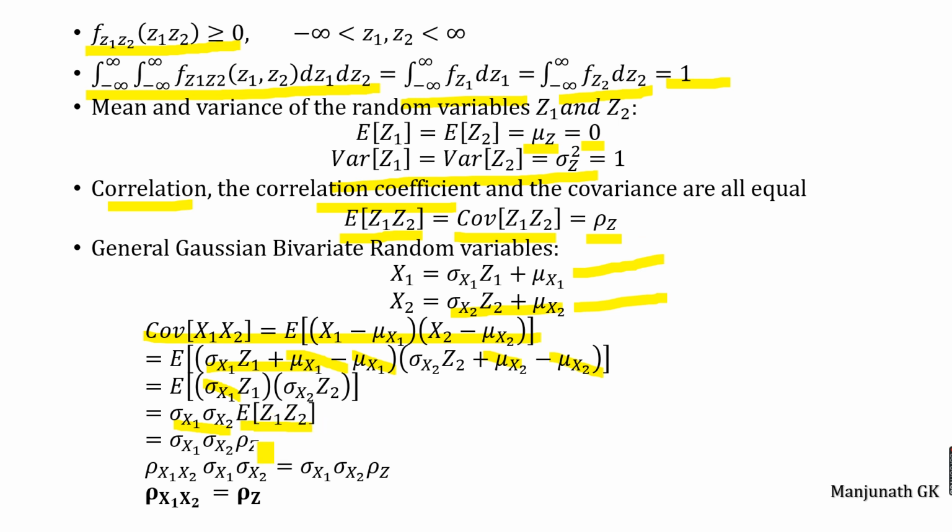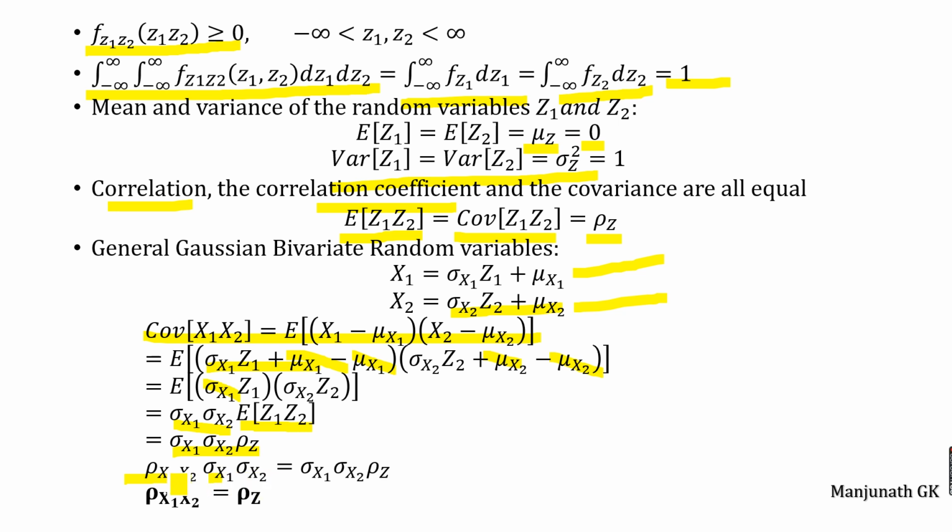So this term is replaced by the correlation coefficient. All right, so this covariance of x1 and x2 can also be written as rho of x1 and x2 multiplied by the standard deviation of x1 and the standard deviation of x2.